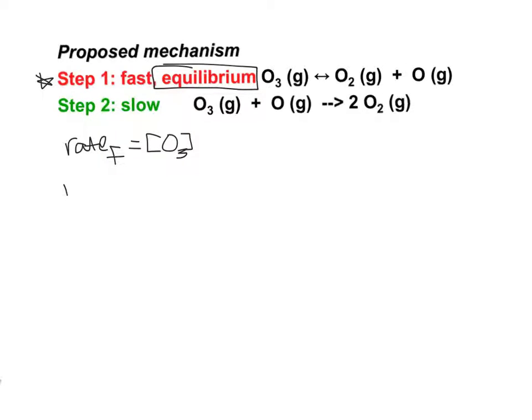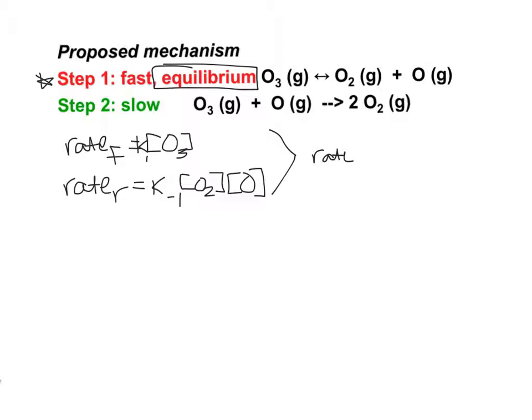I can also have a rate of the reverse reaction equal to K negative 1 of O2 and O. Now the important thing to remember here is that this is an equilibrium reaction. And the definition of an equilibrium reaction is that the rate of the forward reaction equals the rate of the reverse.